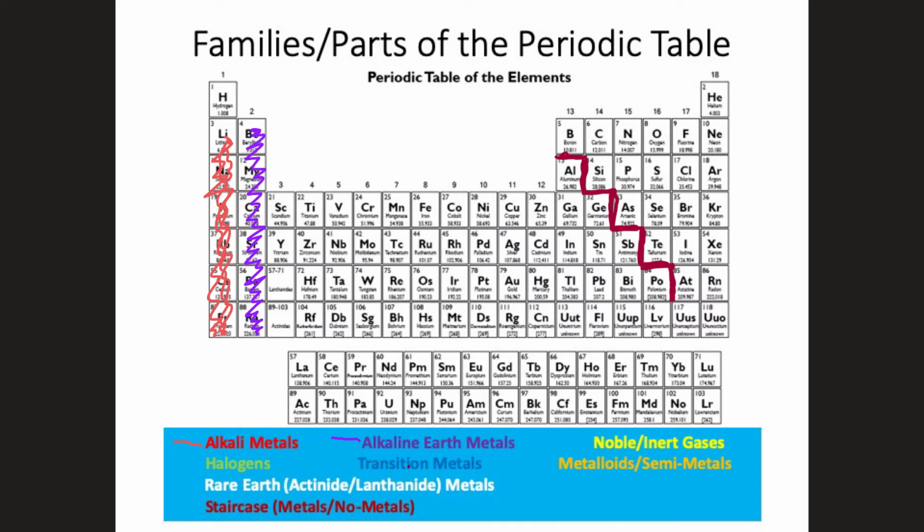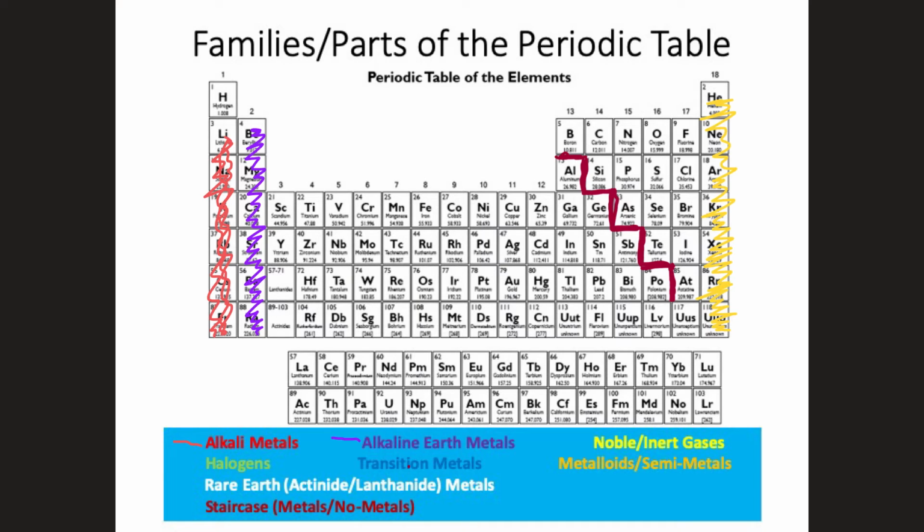The next one we're going to talk about are the noble inert gases, and they are in group 18, and they are all these elements right here. All right. And they have full valence shells, so they are very unreactive. When an atom gets a full valence shell, it generally does not want to react with anything.